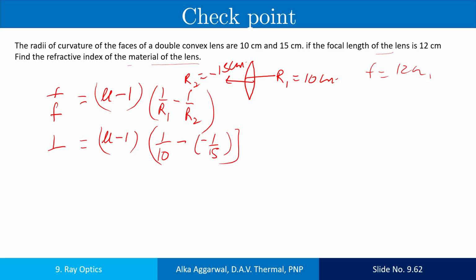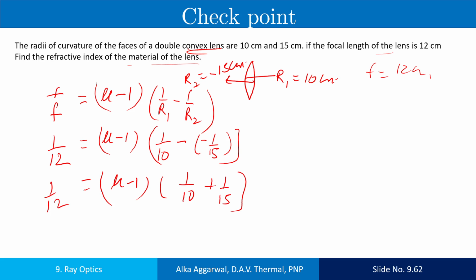In place of focal length put 12, since it is a convex lens, the focal length is positive. So 1 by 12 is equal to mu minus 1 into 1 upon 10 plus 1 upon 15. On solving it, you will find that the refractive index is equal to 1.5.